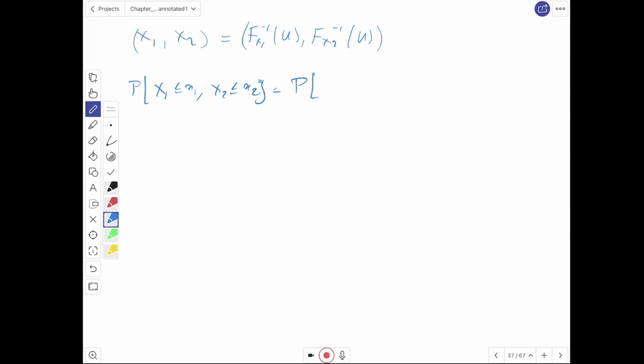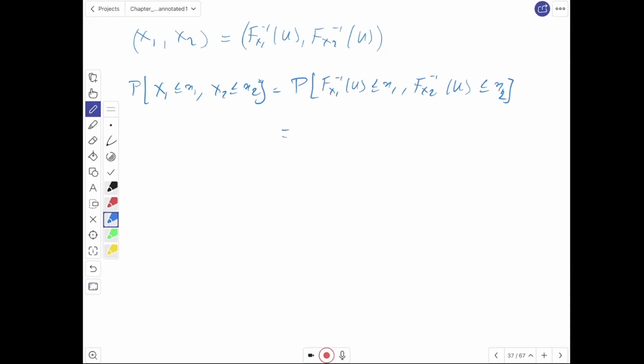We know that things are comonotonic, so I replace X1, X2 by F_X1^{-1}(U) and F_X2^{-1}(U). We are looking for this probability.